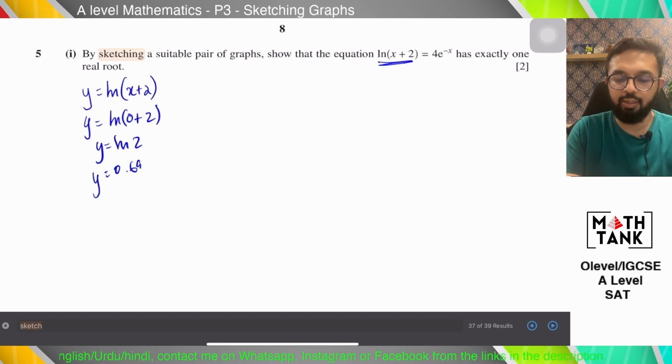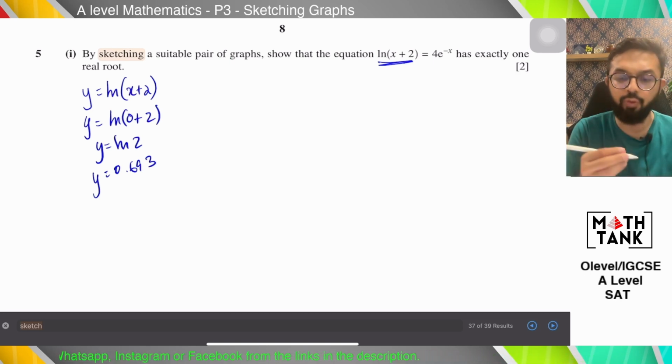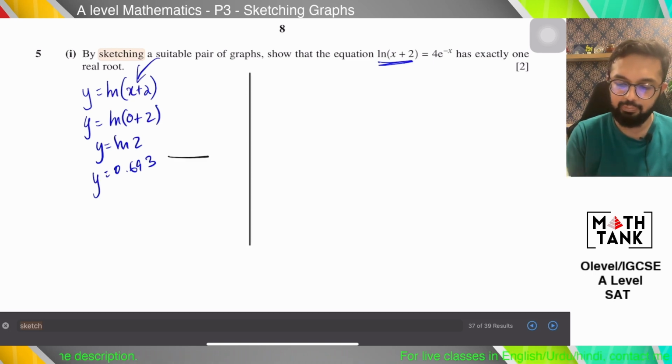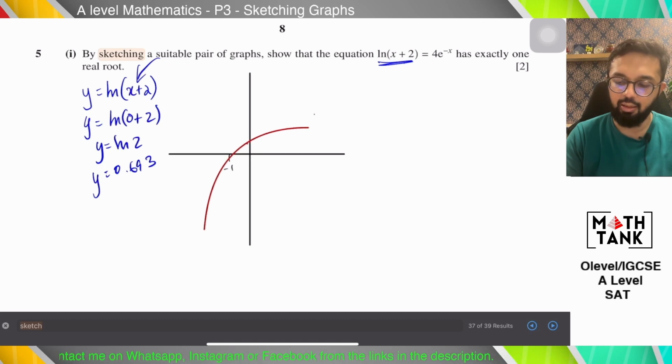What about the x-intercept? The x-intercept is going to be at -1, I think, because it's moving 2 units backwards. Okay, that's what I know. So my graph is going to look something like this, at -1 and 0.693. That's the graph of ln(x plus 2).